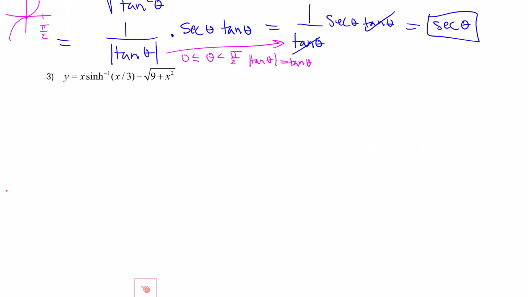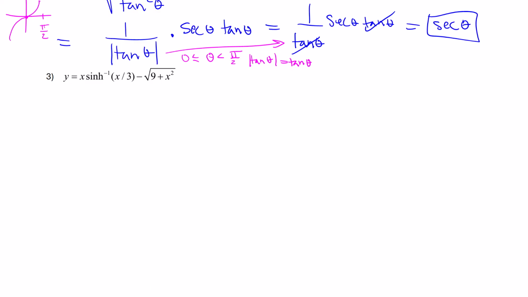This last one is given as y equals x times the sine hyperbolic inverse of x over 3, and then that is all minus the square root of 9 plus x squared. So there are really two larger terms to this function as provided.